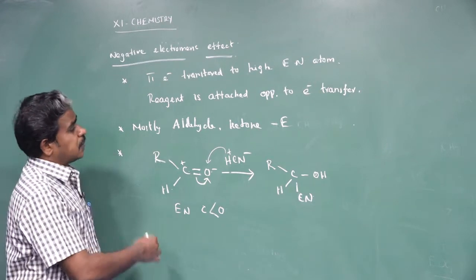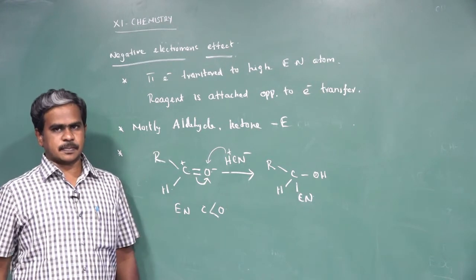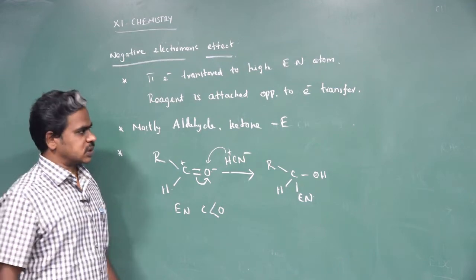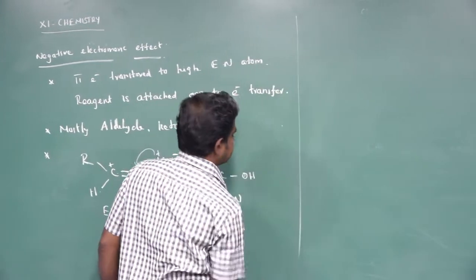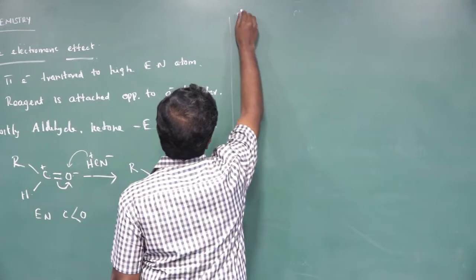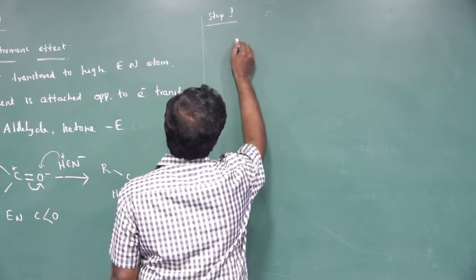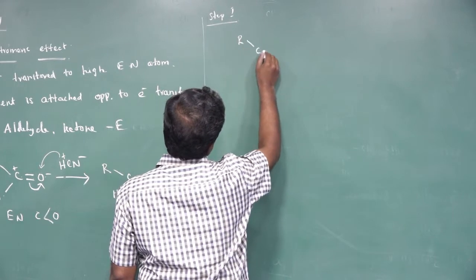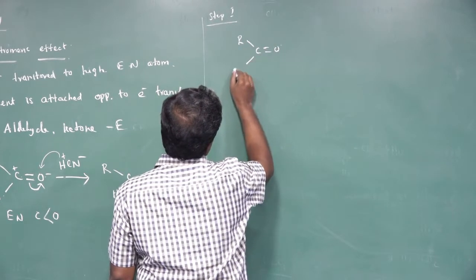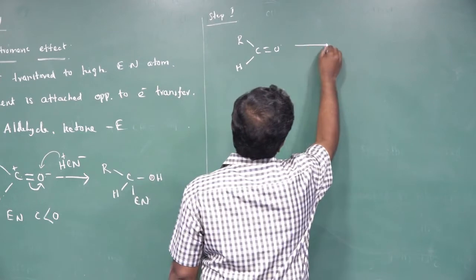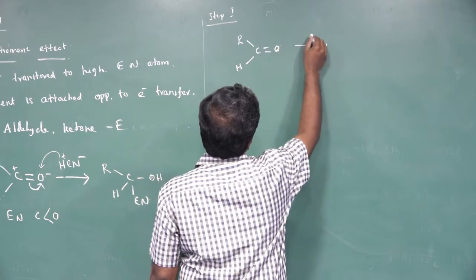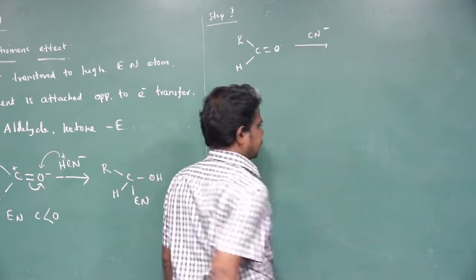Now it may occur in two steps. Now we may take the reaction, that is step 1. What will happen? We are taking an aldehyde, that is R, C double bond O and H. Then it is reacted with CN minus.